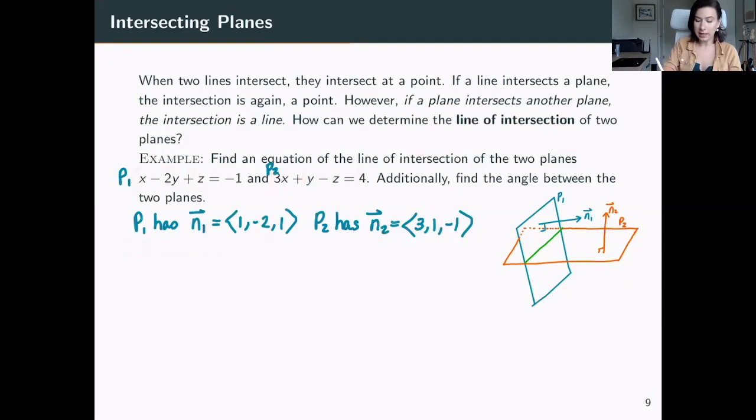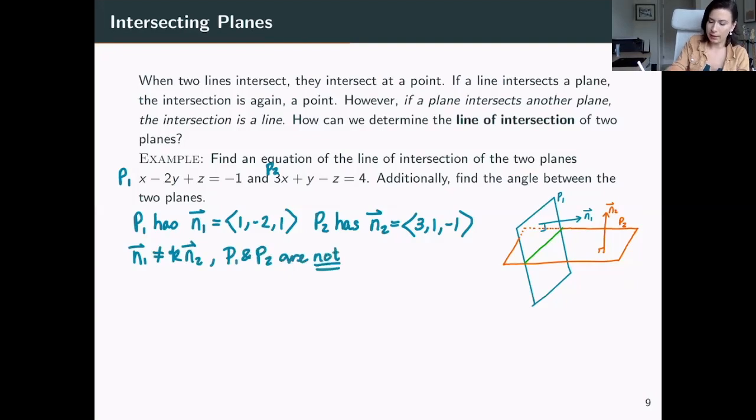Because these two normal vectors are not scalar multiples of each other, N1 is not equal to k times N2, this means that P1 and P2 are not parallel. And this helps us out a little bit in terms of our setup.